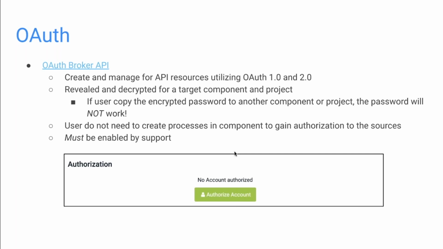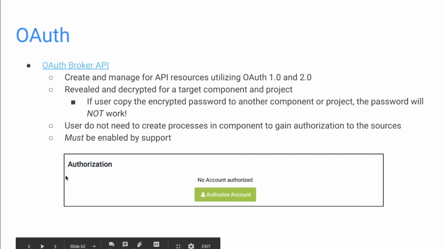If a user copies an encrypted password from a component or project, the password will not work in another project. Which means that users will not need to create a process in their component to gain authorization to the source, but it must be enabled by support.